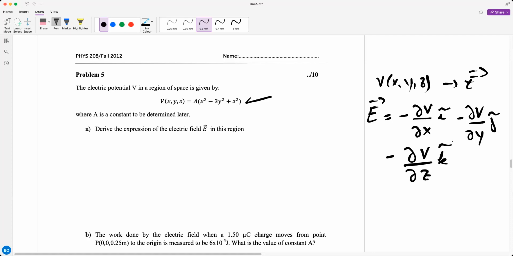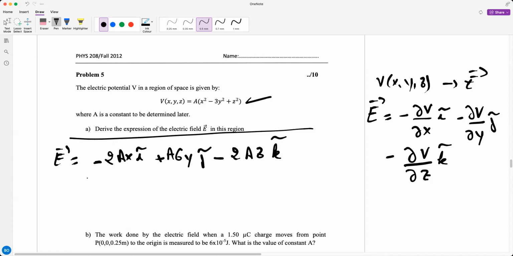And of course, you will easily see that the derivative with respect to x will be 2ax i with a minus sign. And the derivative with respect to y will be minus 6, so it will be plus 6ay j, and then the minus 2az k.